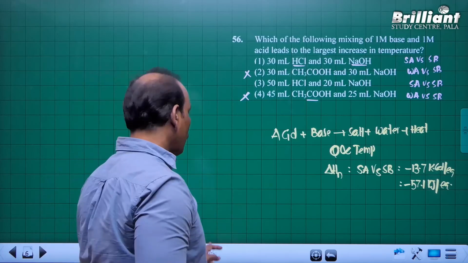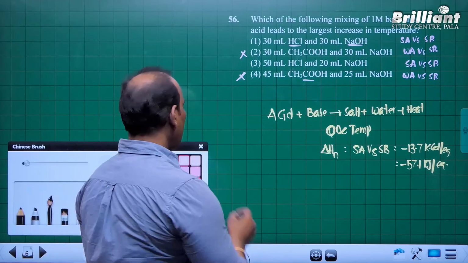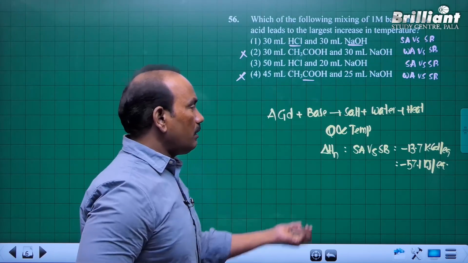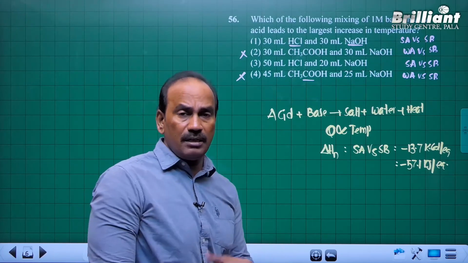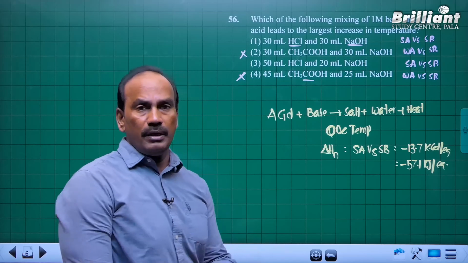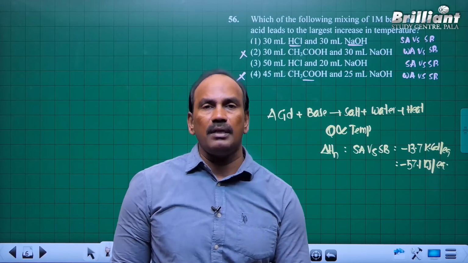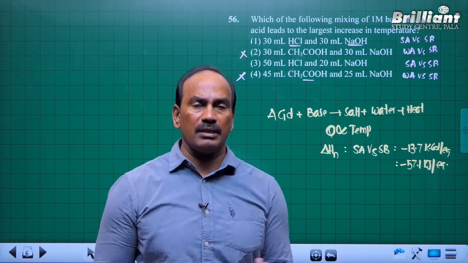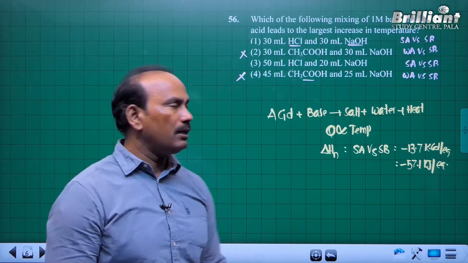Now here one more important point is the heat of neutralization. In a neutralization process, if acid and base concentrations are unequal, the heat of neutralization depends upon the limiting reagent. What is the limiting reagent? The least concentrated reactant.